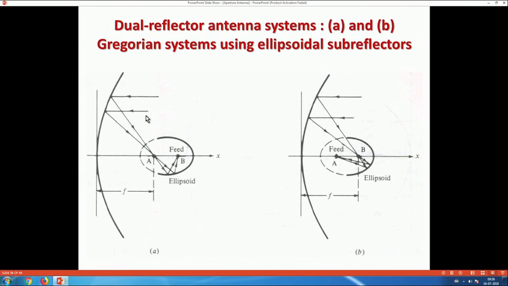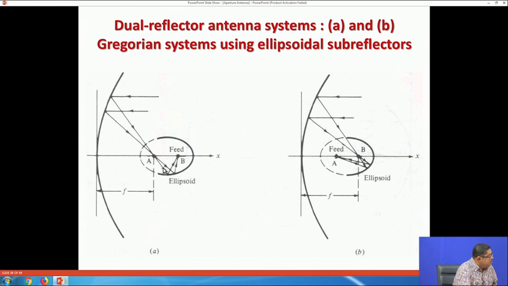So, parallel rays are coming from distant things, then they get focused at the other focus A. We allow that to proceed and fall on this ellipsoid, so they will come to the feed. Similarly, after getting focused, we allow it to get again reflected by the ellipsoid.